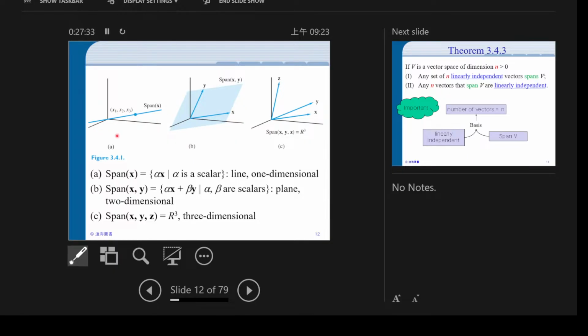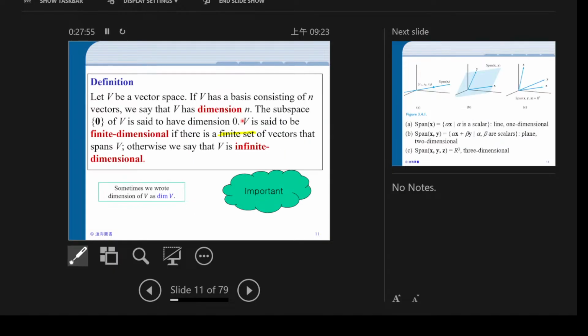Okay, so this is technically a theorem, but it is quite intuitive. A line being one-dimensional, a plane being two-dimensional, and space being three-dimensional also fits our intuition. Okay, so that's the concept of the dimension of a vector space.